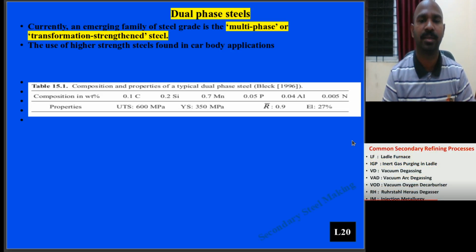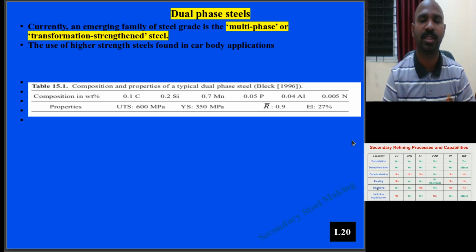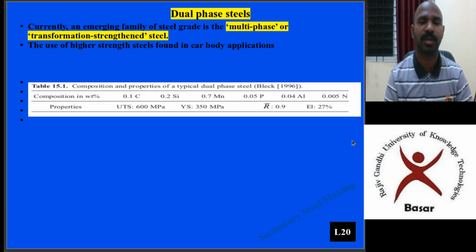These steels find suitable application in car body and which will have high strength with low weight. That is important point to be noted.